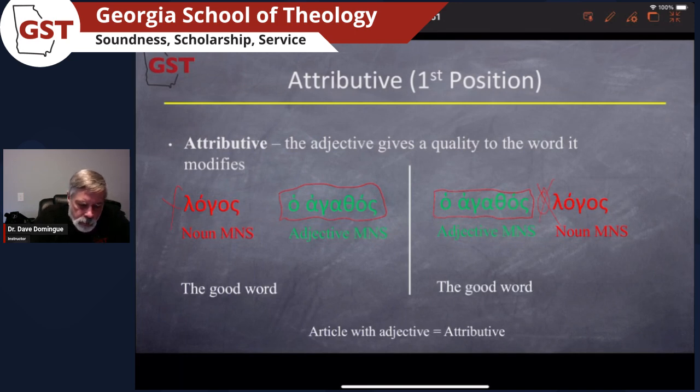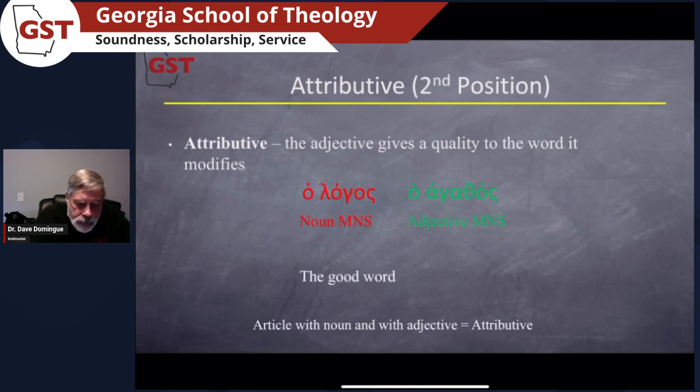All right. So when we move to what's called the second position, it's really the exact same thing. We're still going to get the good word, but this time there's also an article with the noun. But notice what hasn't changed. We still have an article with the adjective. That's the key. When there's an article with the adjective, it's either going to be first position or second position.